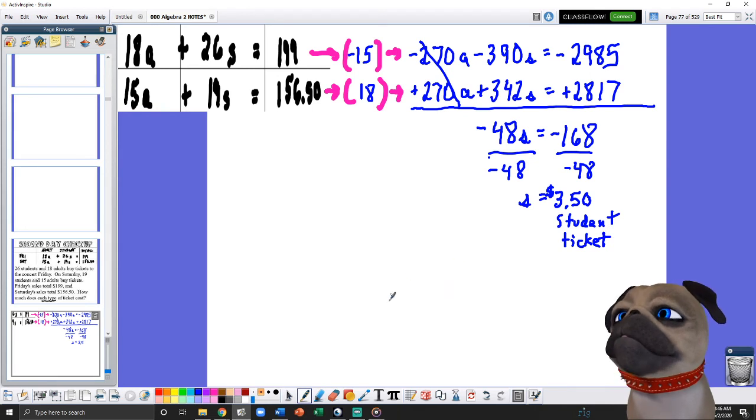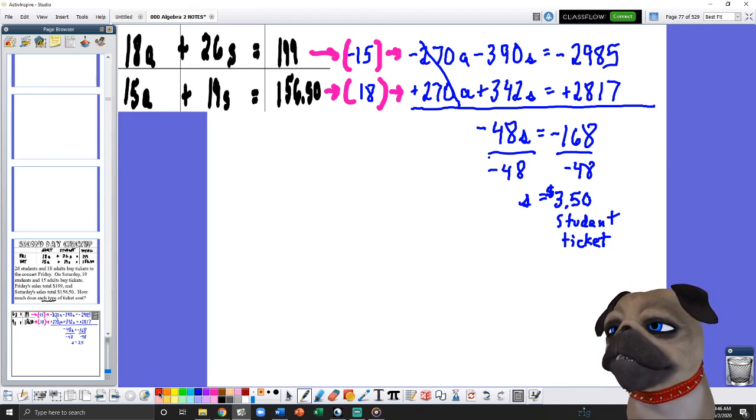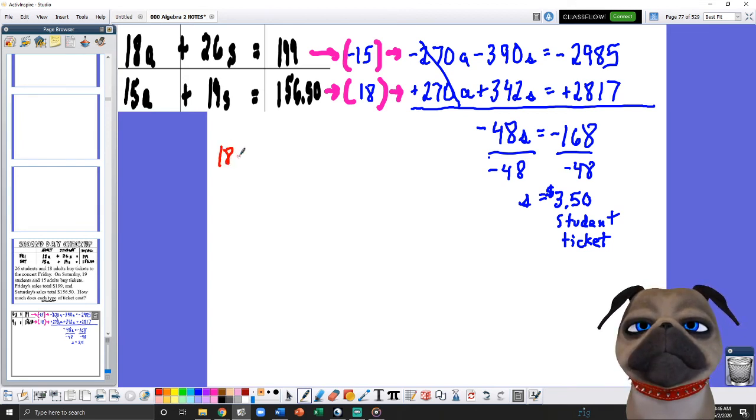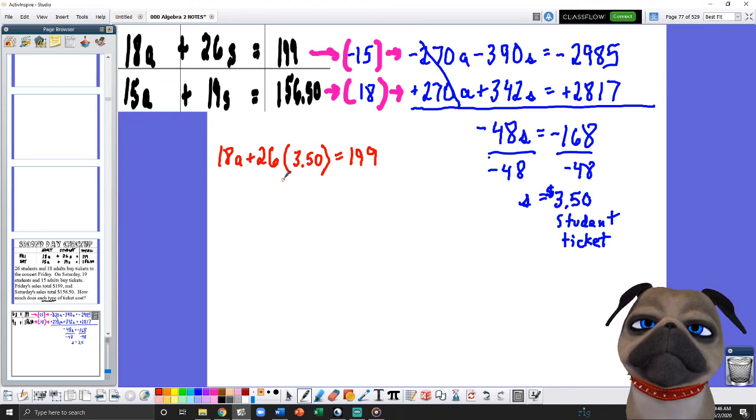Okay, next I have to figure out how much it would be for an adult ticket. So I'm going to take that $3.50, plug it into either the top or the bottom. I'm going to pick the top because there's no decimal in it. So I've got 18A plus 26S. There's my S. So instead of S, I'm going to put the 3.50. Make sure you put it into the correct letter. Next, I'm doing 26 times 3.50 on my calculator. That gave me 91.